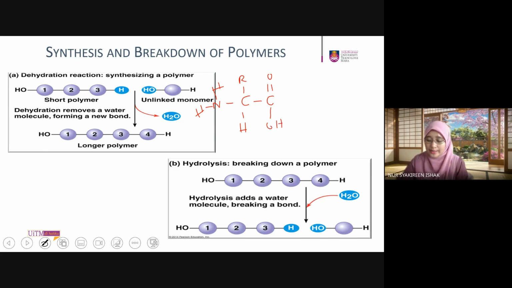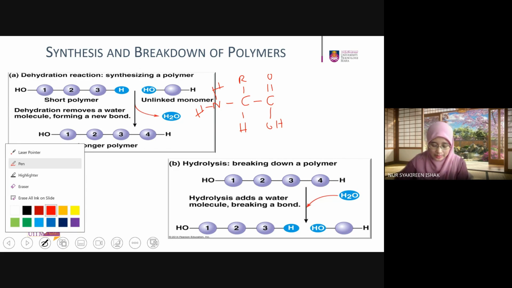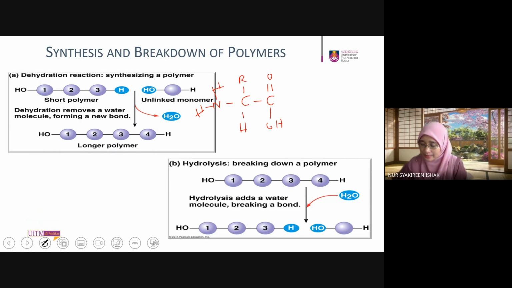So this is one amino acid. Another amino acid, which I draw using purple ink, has nitrogen, hydrogen, the carbon, side chain, hydrogen, and also the carboxyl group. So this is one monomer of amino acid.